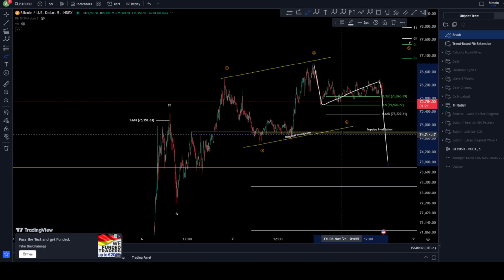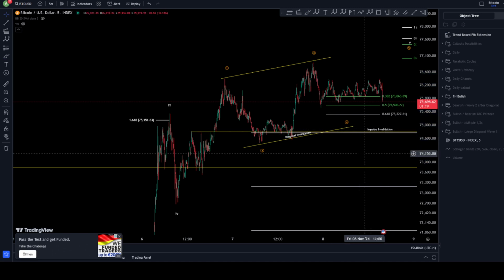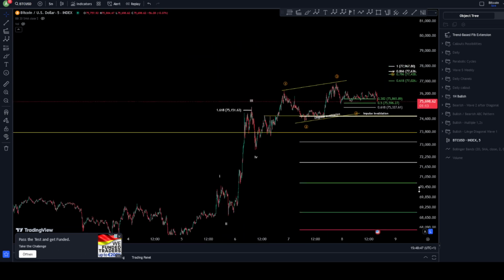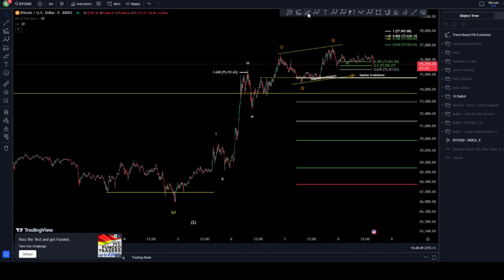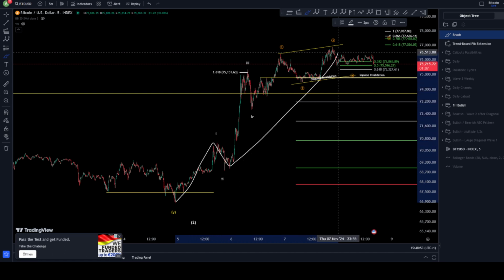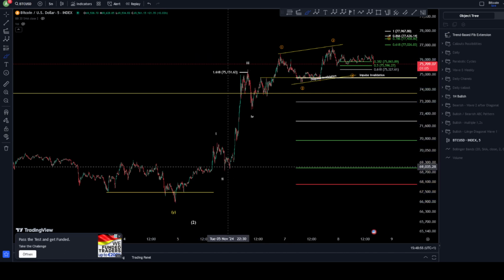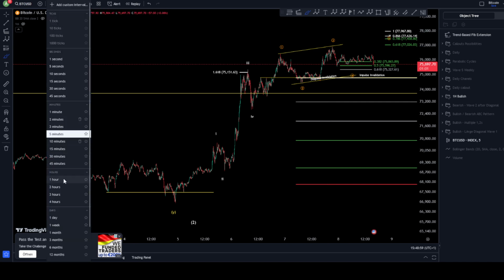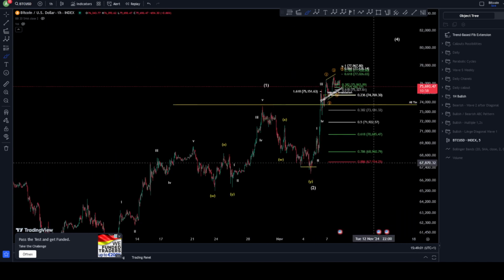So we might start to dive deeper, and that means if we have finished here, as I said, it has transformed our impulse to a B, and a C as ending diagonal, zigzag, very extended wave C, of course, due to the elections and everything, you know, guys.